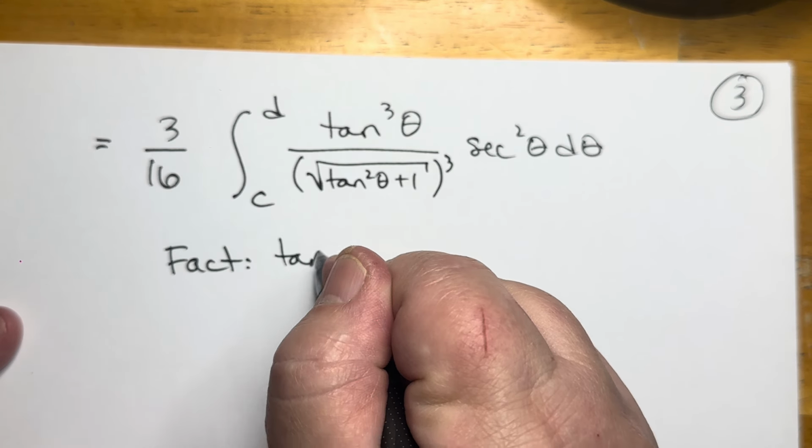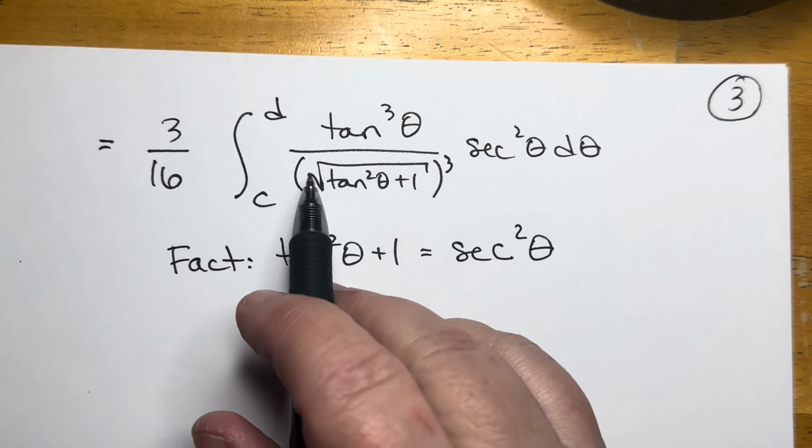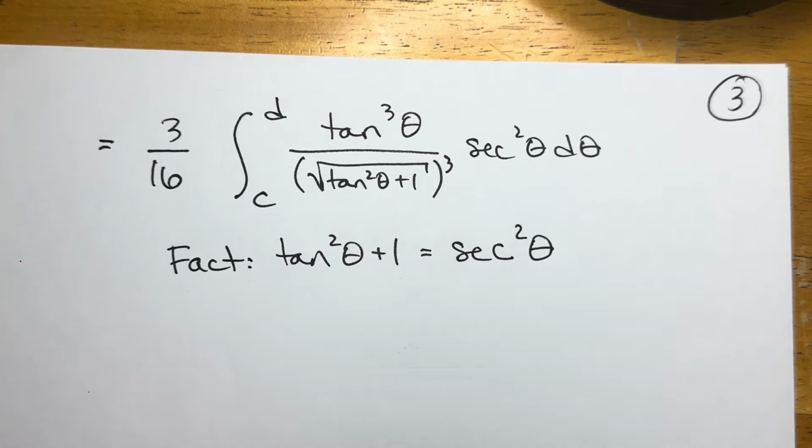So first thing I'm going to use the fact that tangent squared theta plus 1 is secant squared theta. Now, why is that useful? Well, if you've got a square root and you've got a plus or a minus, that's just miserable. There's nothing you can do with it.